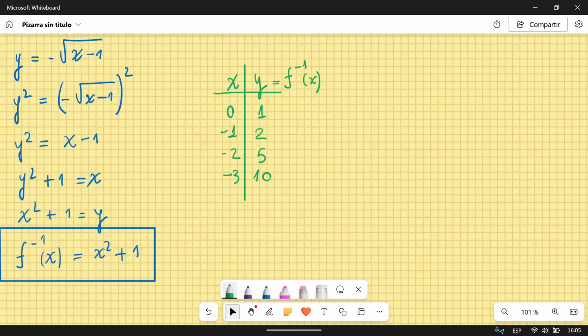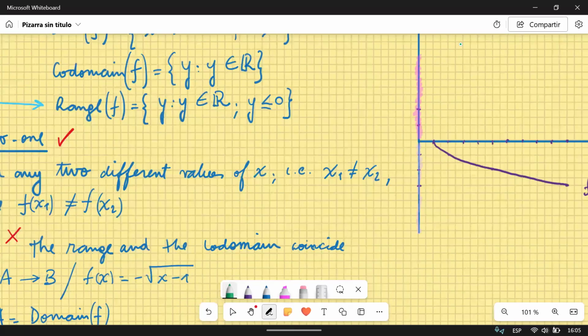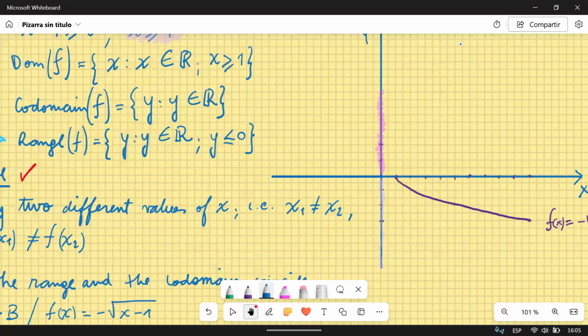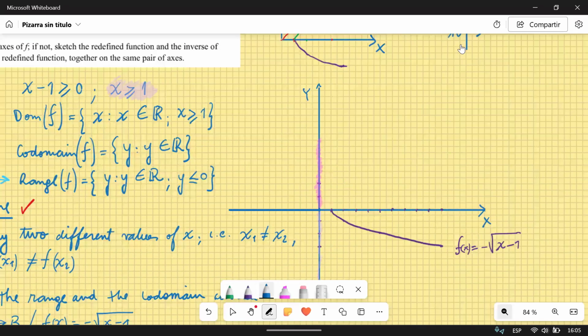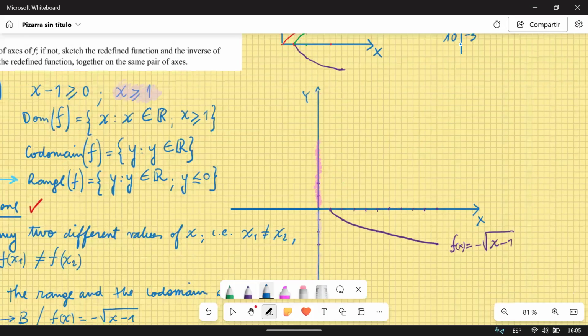Okay? Well, now in the same pair of axes, I will extend this to at least -3 here, and I will see if I have enough height to go up to 3, 4, 5, 6, 7, 8, 9, and 10 up to there.